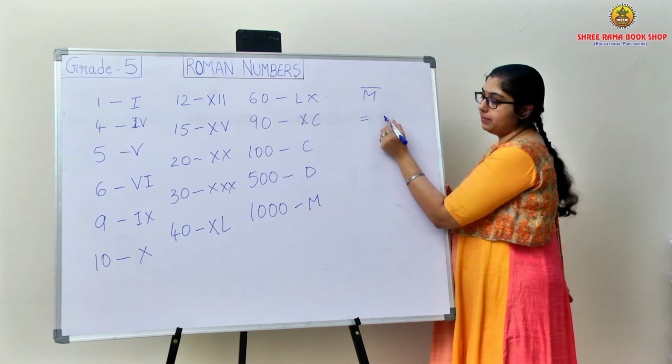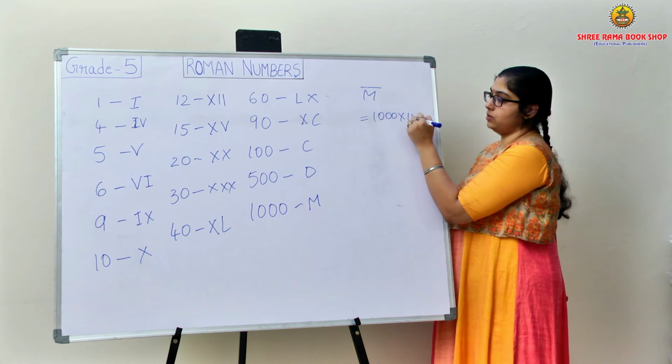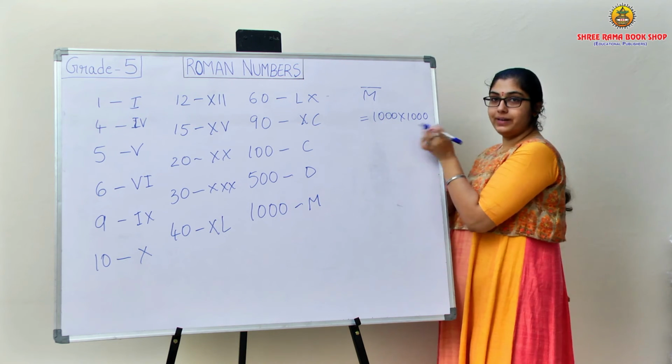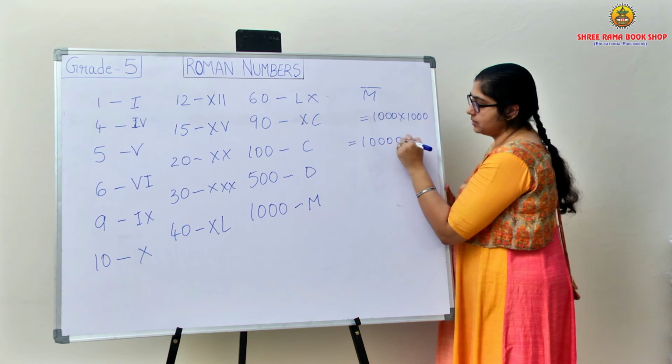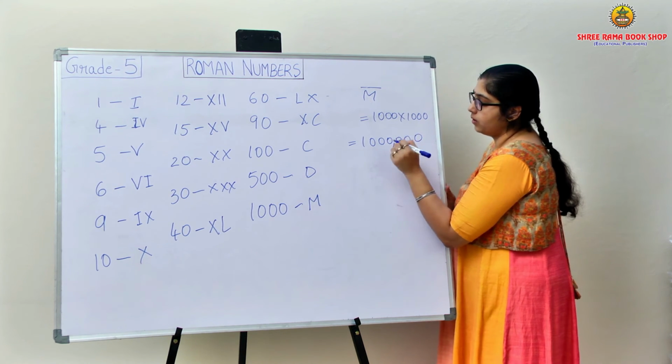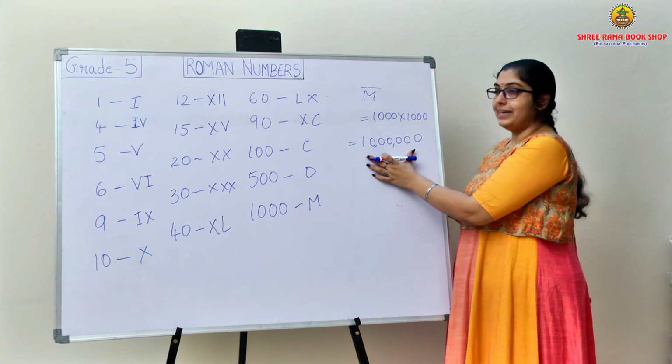The value of M is 1000 and the bar value is 1000. So I'll multiply 1000 with 1000. So I'll get 1 followed by 6 zeros, right? So it is representing what? It is representing 10 lakhs.